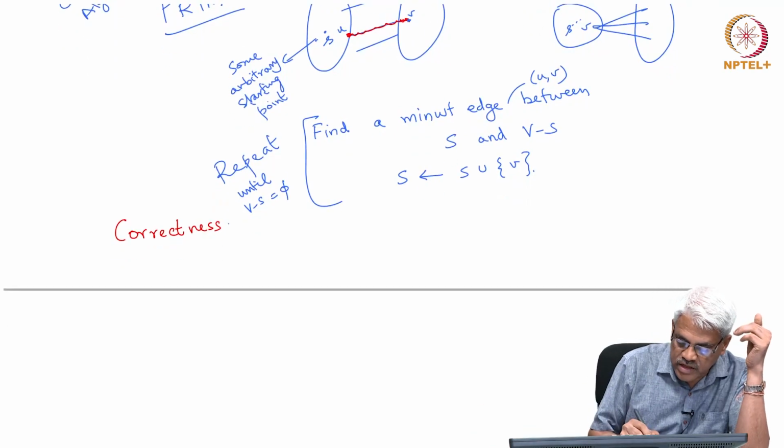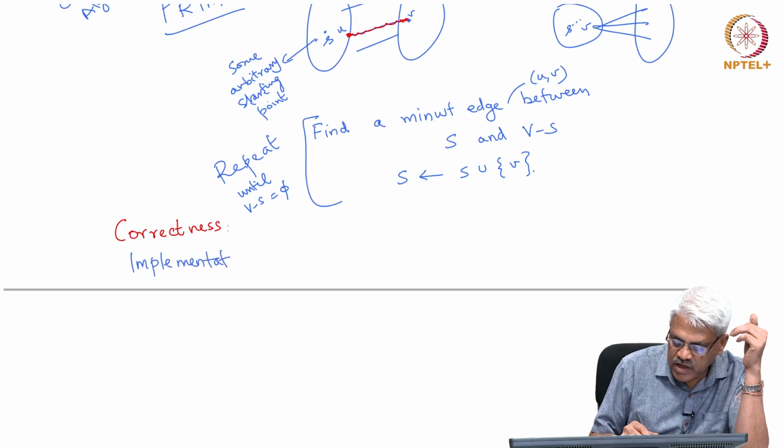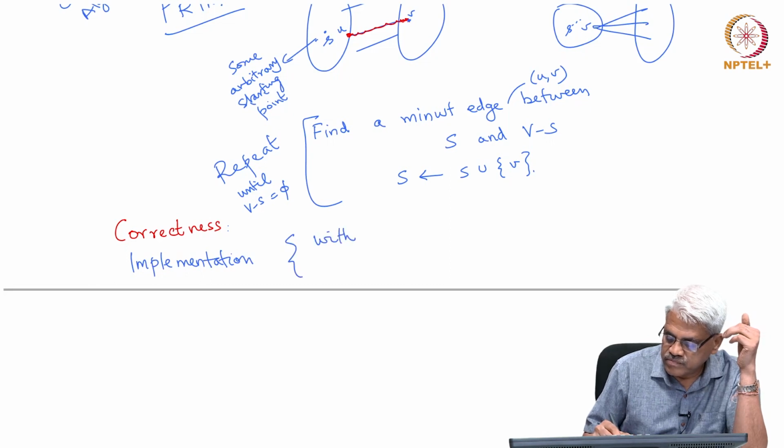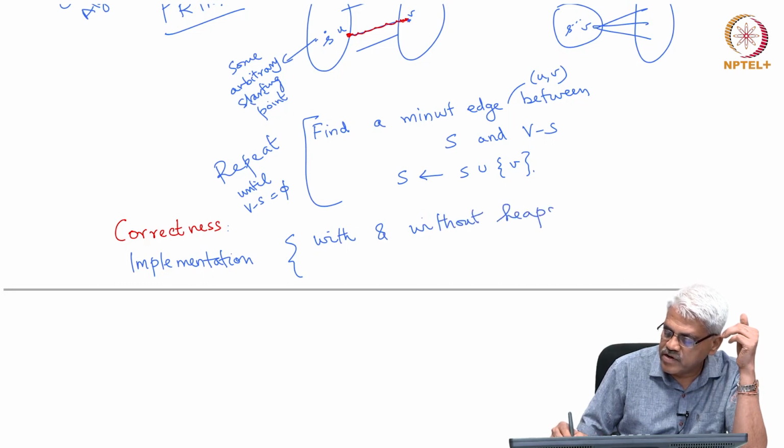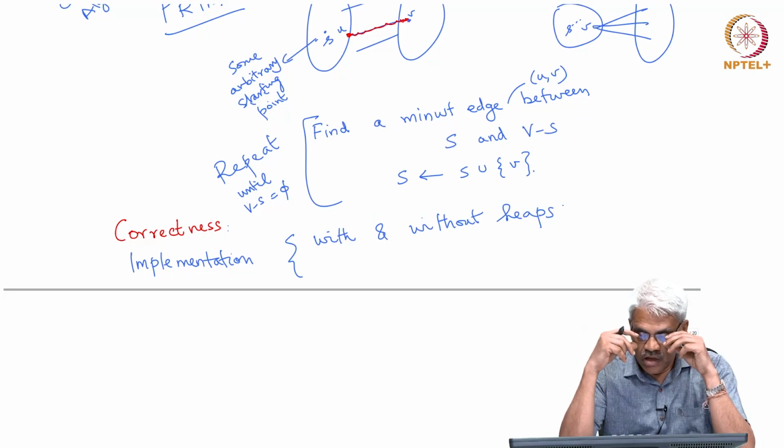You need to argue correctness and you need to argue implementation. Here implementation is again using heaps. Please go and check with and without heaps. Maybe if there is time, I will talk about it in the open session.